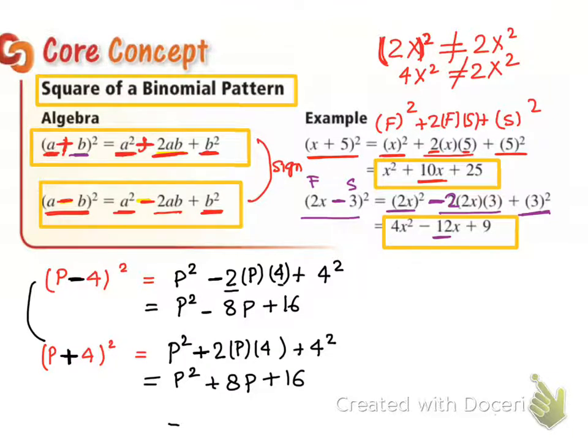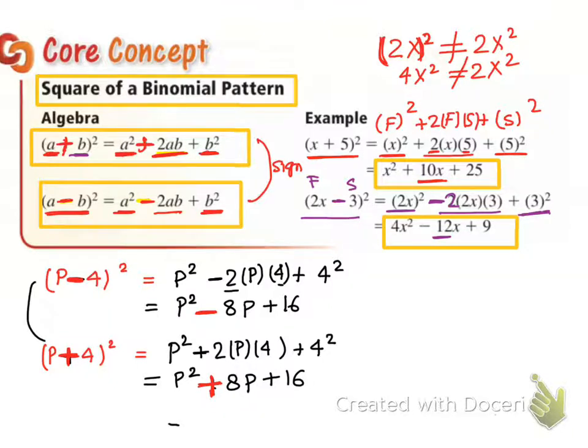So you can see only the difference is here, only the difference is here. Let me use a different color so you can see this is the difference and this is the difference. Everything is the same. If this is minus, this is minus. If this is plus, this is going to be plus. I hope you get it.